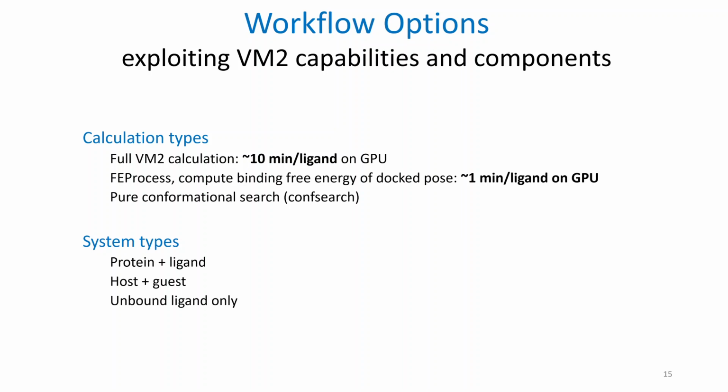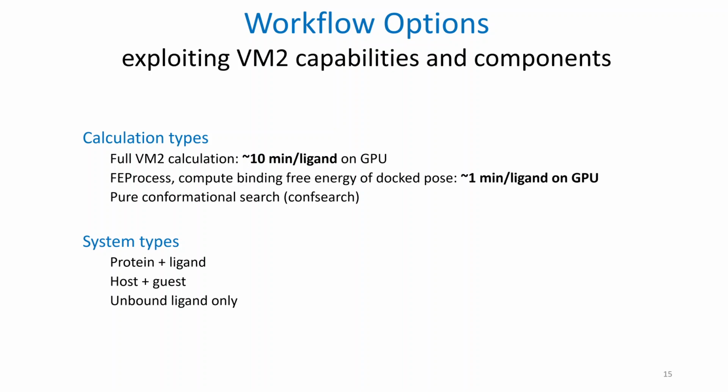We compute essentially the binding free energy for that docked pose rather than doing a full search. And that takes about a minute per ligand. And so this now becomes almost interactive and allows one to think about using a graphical user interface, sending a suggested ligand with a targeted pose off for calculation, getting some feedback, and editing interactively.